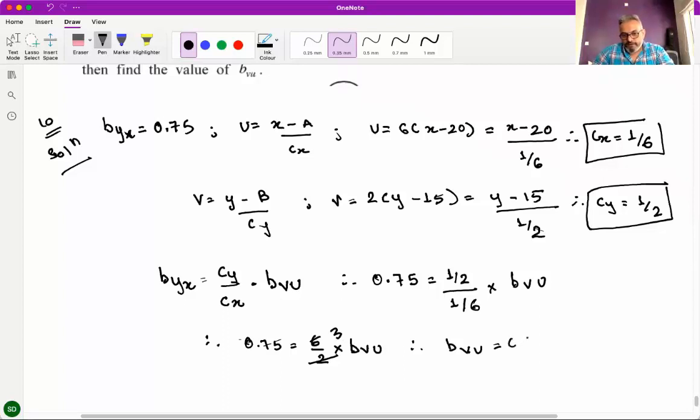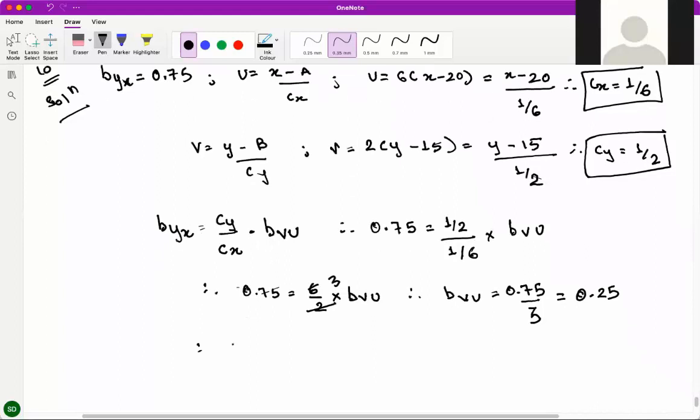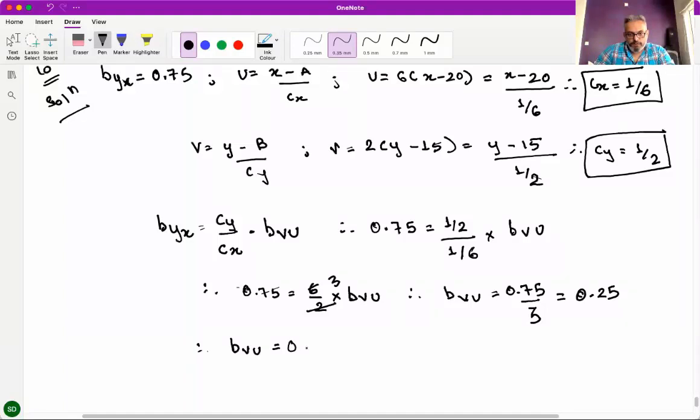So 0.75 upon 3, which is equal to 0.25. Therefore b v on u is equal to 0.25. Answer. This sum is an important sum.